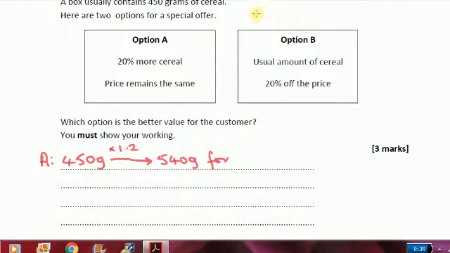So let's suppose that the price was £1, because £1 is 100 pence.